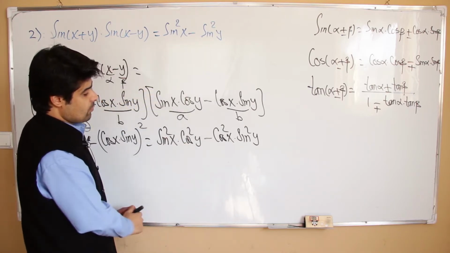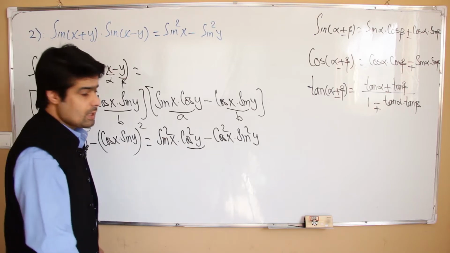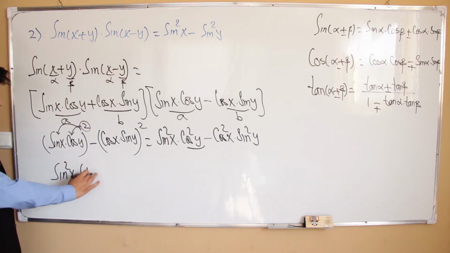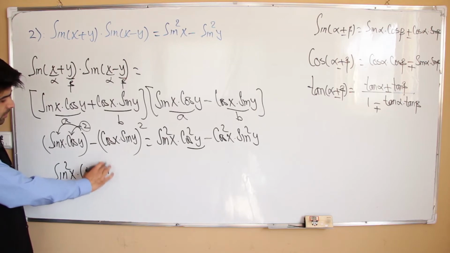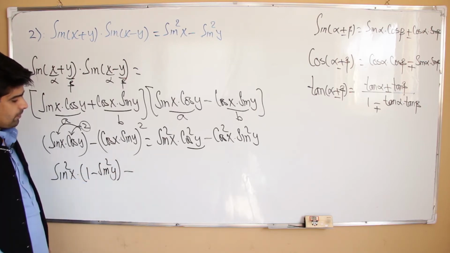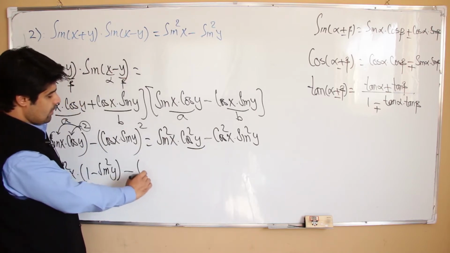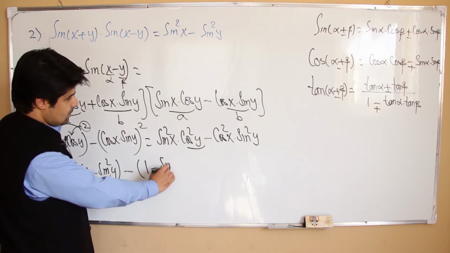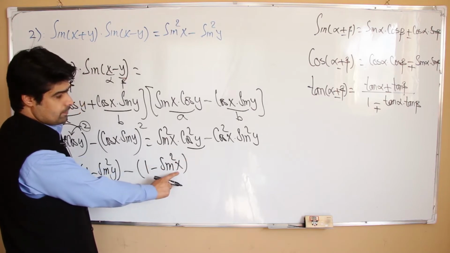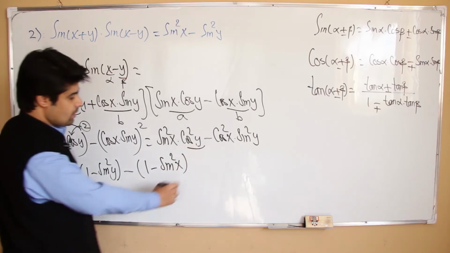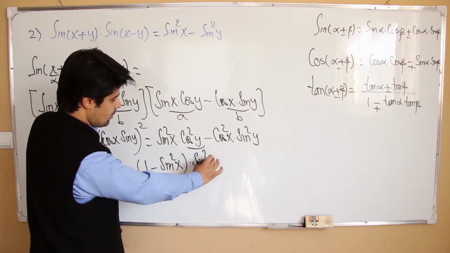So instead of cosine, I will write the sine term. What is that? It is 1 minus sine square. Am I right? Yes. Instead of cosine square, can I write 1 minus sine square of x? Our angle is x, and here our angle is y, times sine square of y.